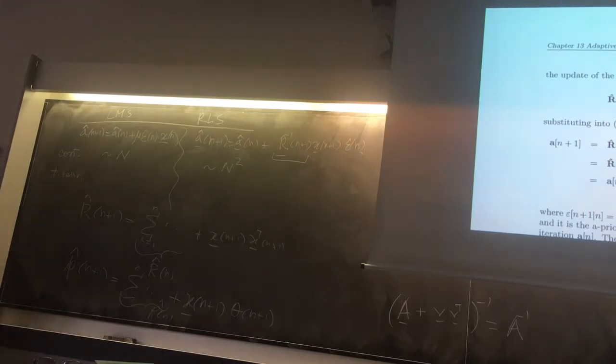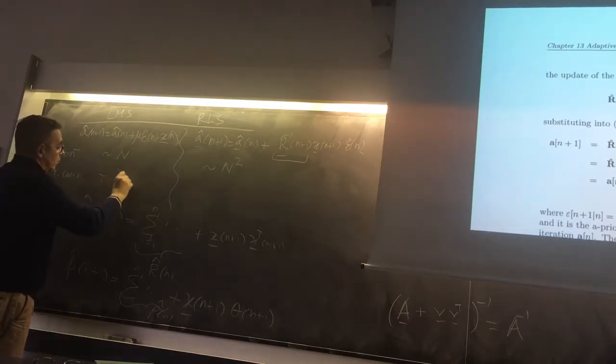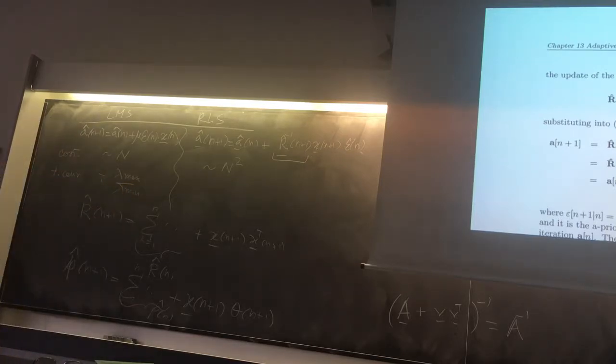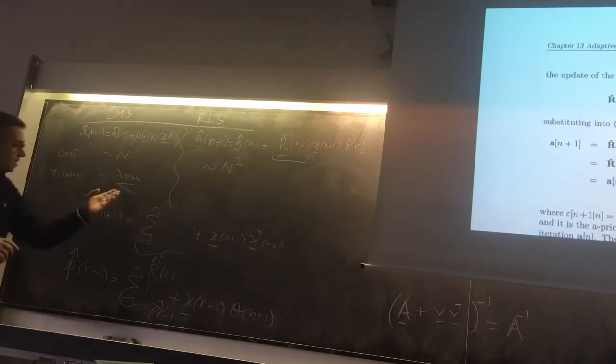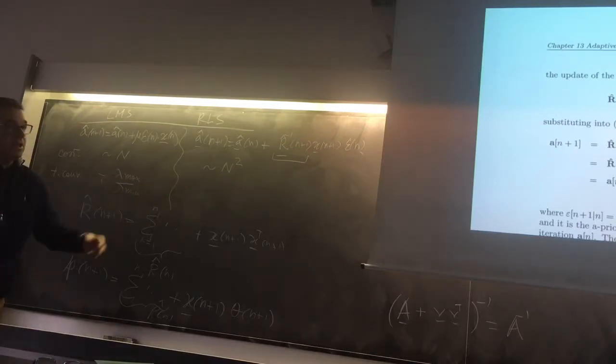The time for convergence is proportional, approximately, to lambda max over lambda min, in the best case. Essentially, the slowest mode dominates, so if I have one eigenvalue close to 0, it is a disaster. It never converges. It keeps going and going, never converging. This is the dependency.